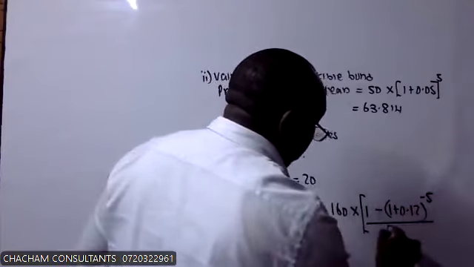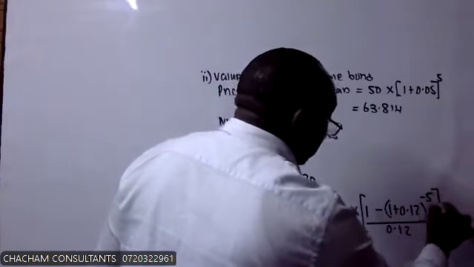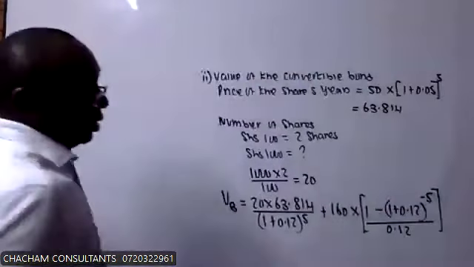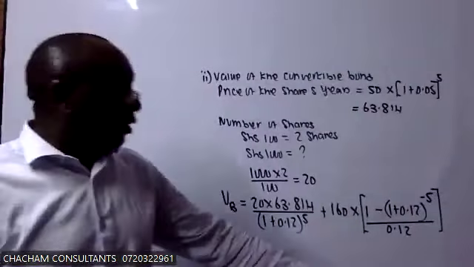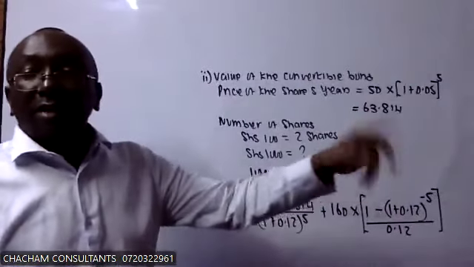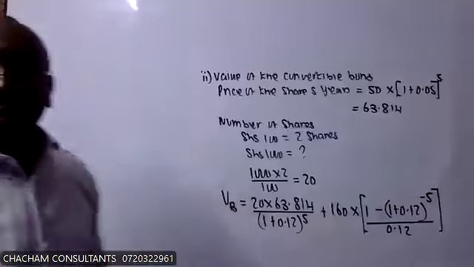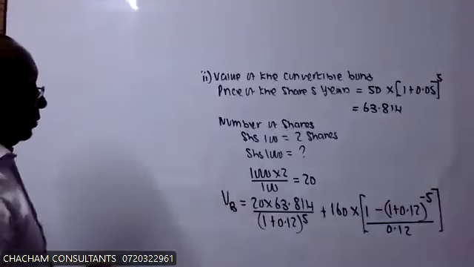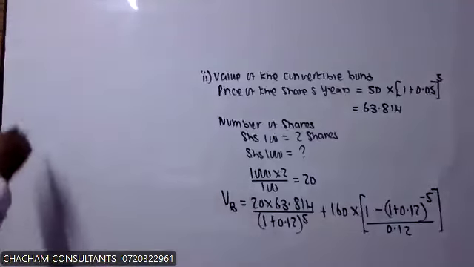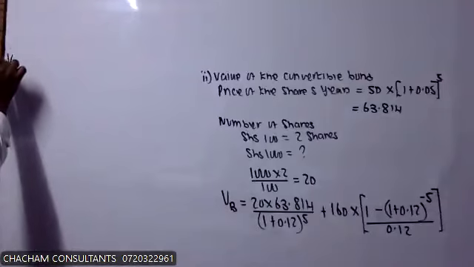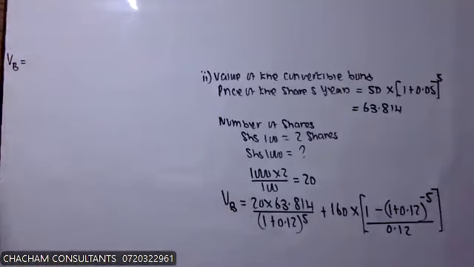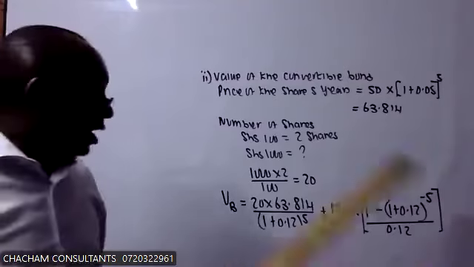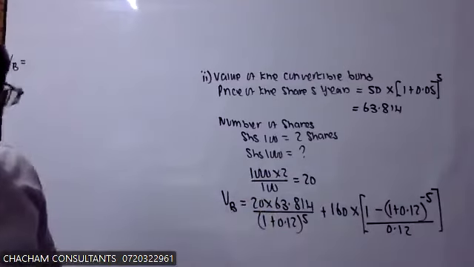You divide by 0.12. So this one we can also do it like this. Instead of kufanya 500 venye tulifanya kwa hiyo ingine, we just do that way. So solve that so that now you give me the value of the board. Hii ni ya redemption, the value at redemption.